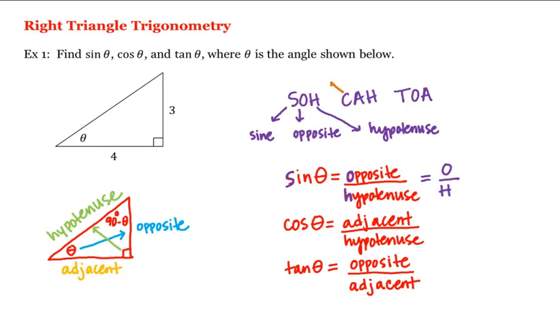Now the C here in Cah stands for cosine. The A stands for adjacent. And the H stands for hypotenuse. So looking down here, cosine C is equal to adjacent A divided by hypotenuse H. So this is adjacent divided by hypotenuse.